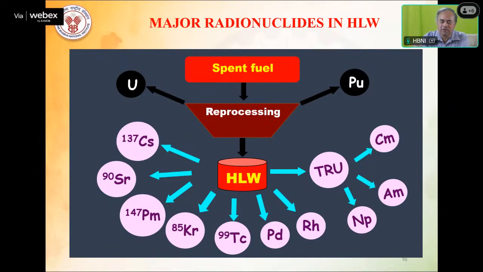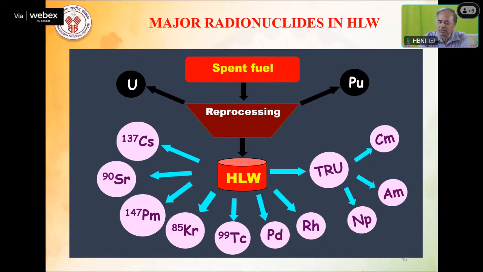So, leaving this spent fuel as it is without any usage is perhaps not as correct as making an attempt at recovering not only the plutonium or uranium, but also these minor actinides.